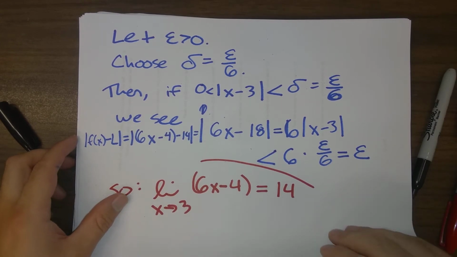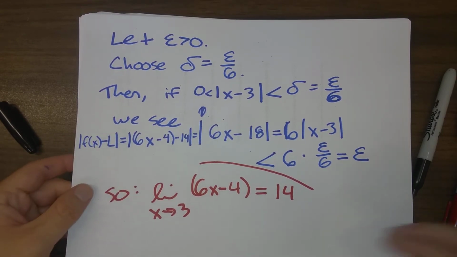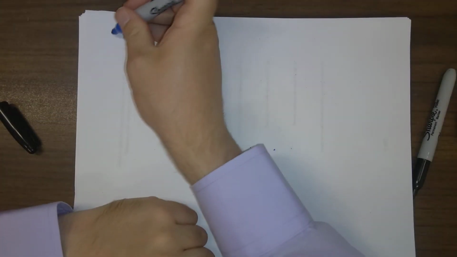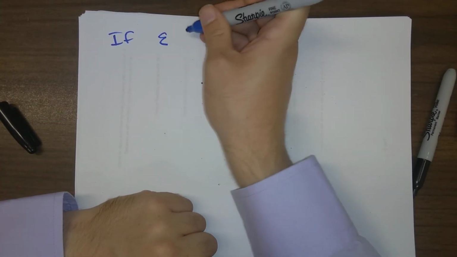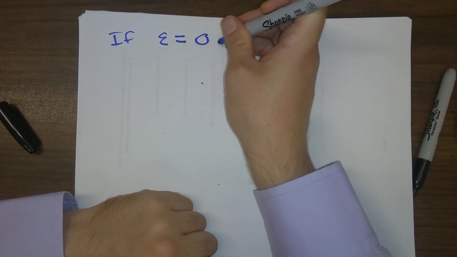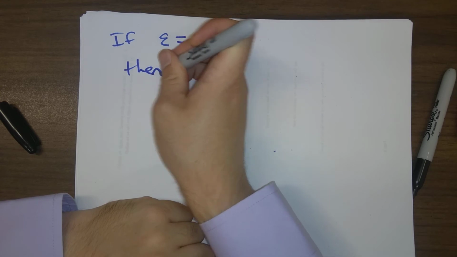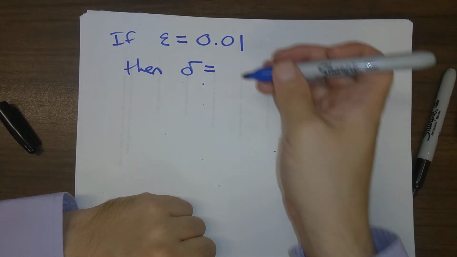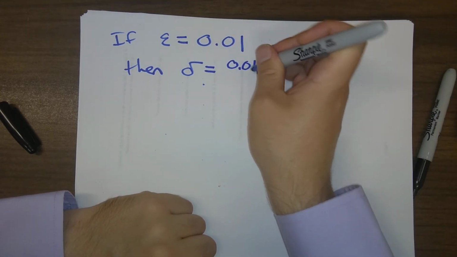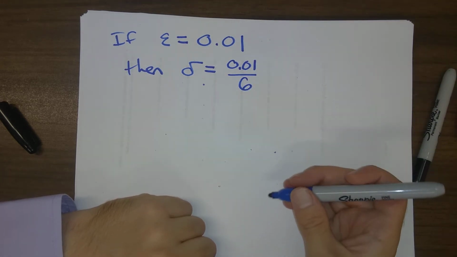So just to do this in a couple of examples here, if epsilon is equal to 0.01, then delta would be 0.01 divided by 6.